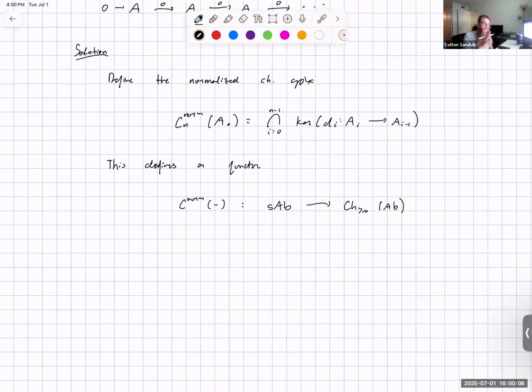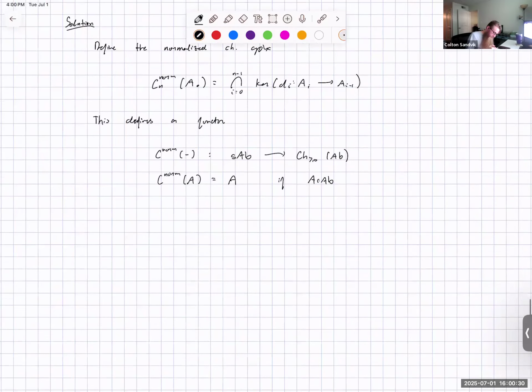And at the very least, we know that if we plug in just a normal abelian group, what we get is A back, just viewed as a chain complex in degree zero. So this should be hopeful. And this indeed ends up being what we want.